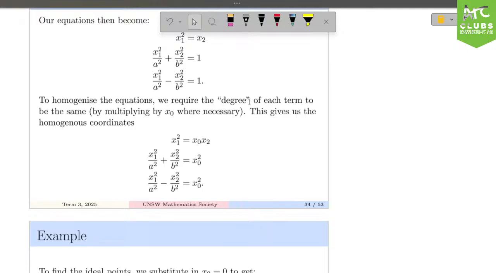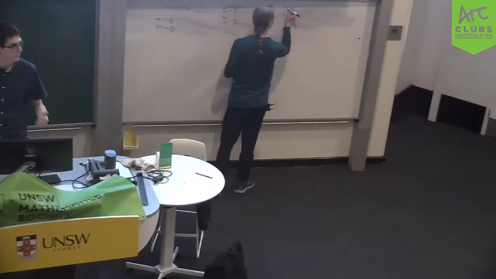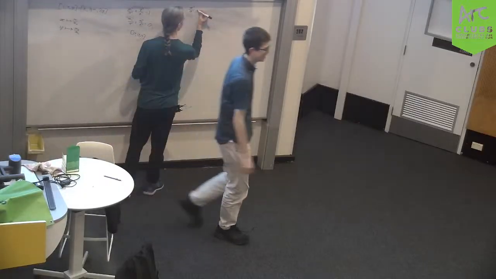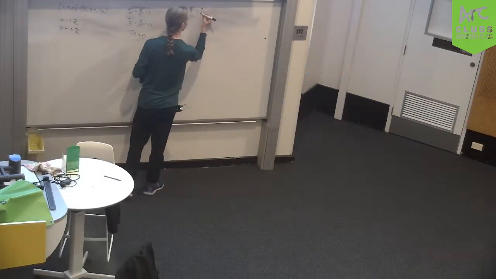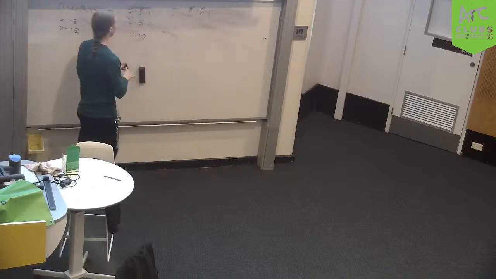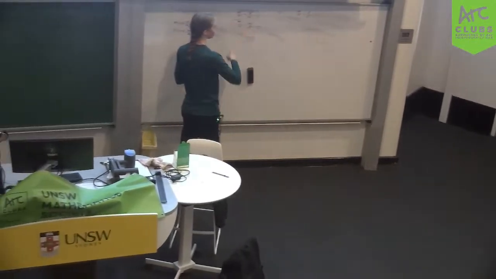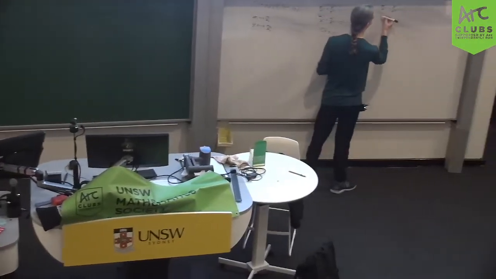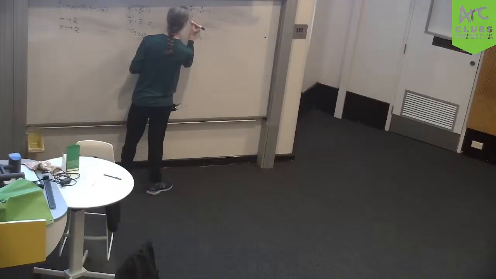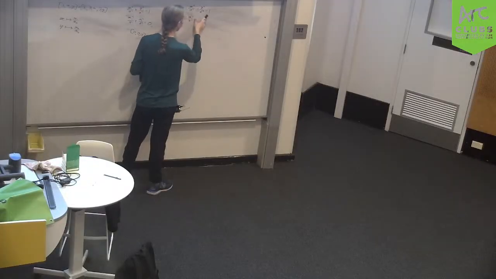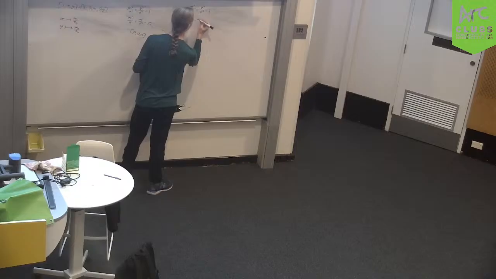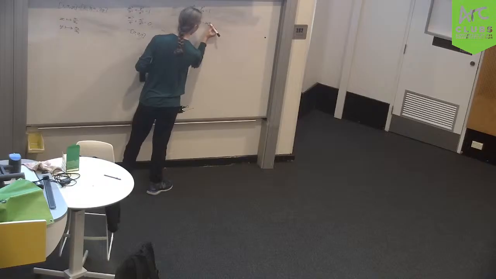The final equation was a hyperbola. So x squared on a squared minus y squared on b squared is equal to 1. Again, we can just substitute in and make the degrees match up. We end up with x1 squared on a squared minus x2 squared on b squared is equal to x0 squared.